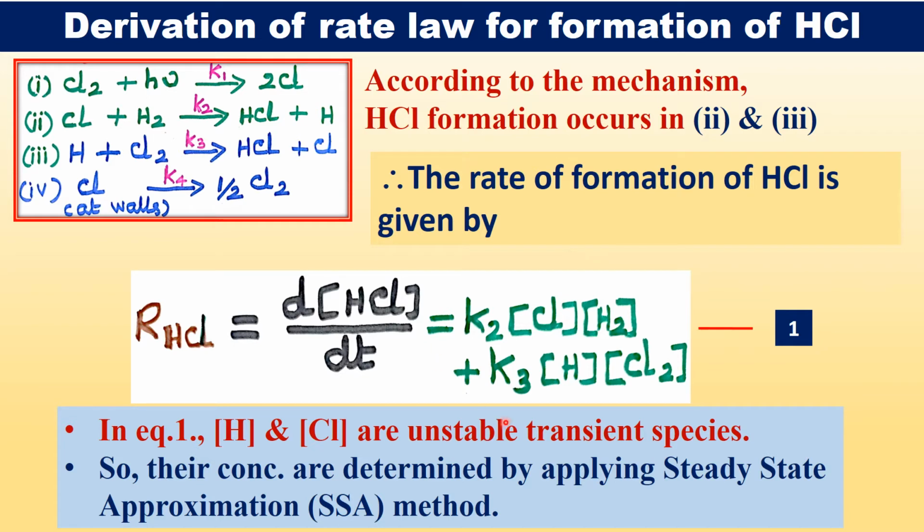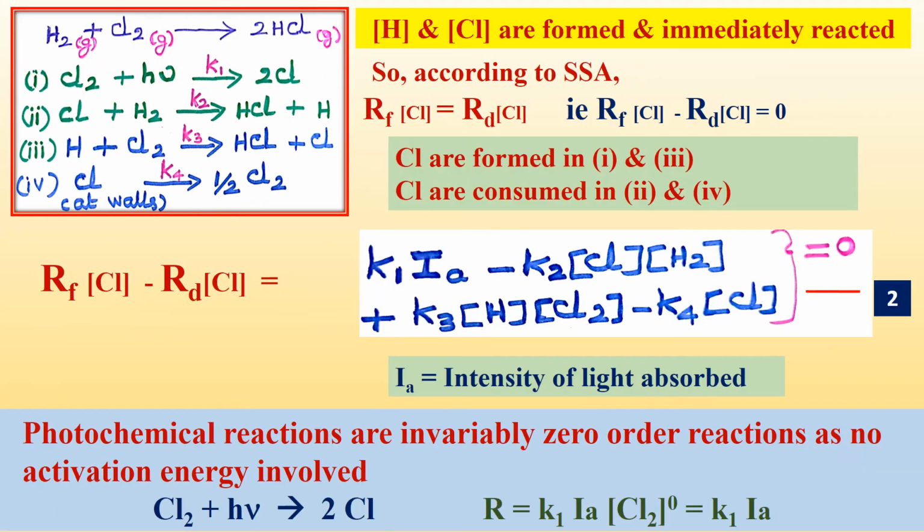So their steady state concentrations are obtained by applying the steady state approximation method. We have already studied this method in kinetics. Please watch the video lesson and understand. So how are the concentrations of hydrogen atom and chlorine atom obtained by applying steady state approximation?